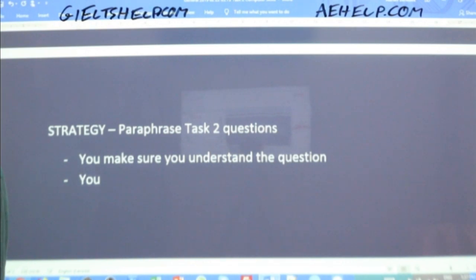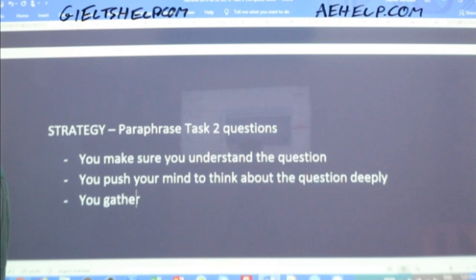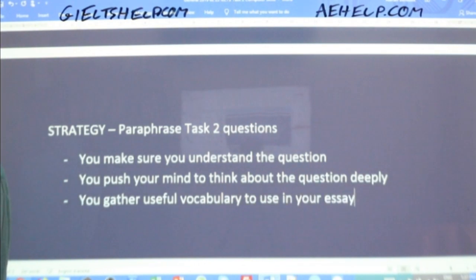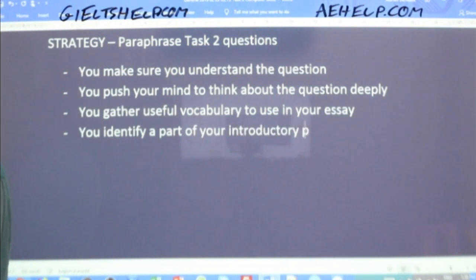You push your mind to think about the question deeply, and you gather useful vocabulary to use in your essay, and you identify a part of your introductory paragraph. Okay, that's why you want to paraphrase.